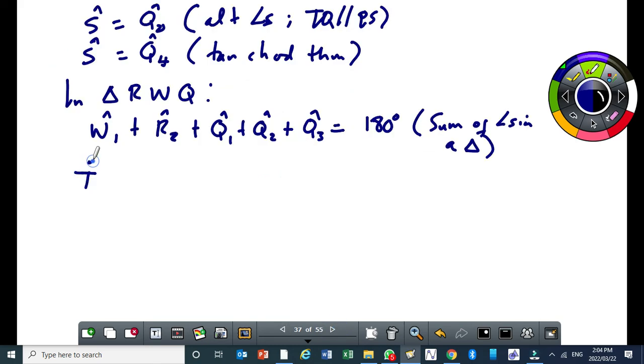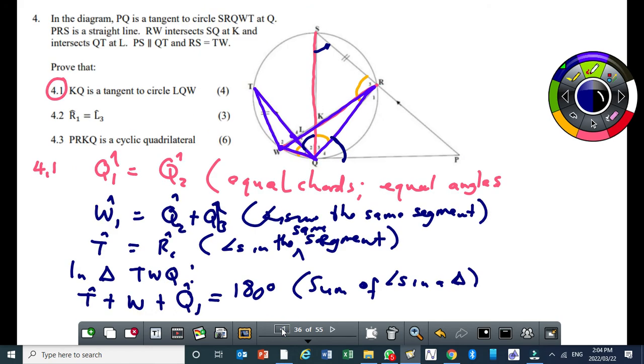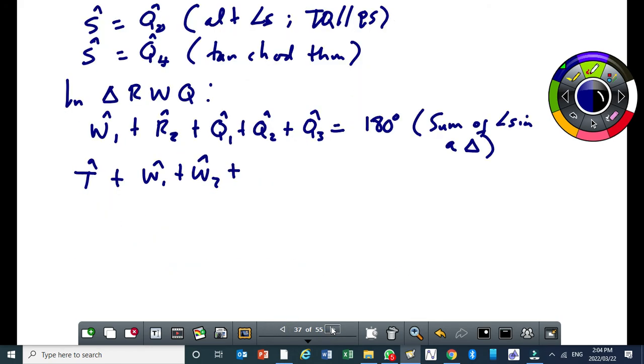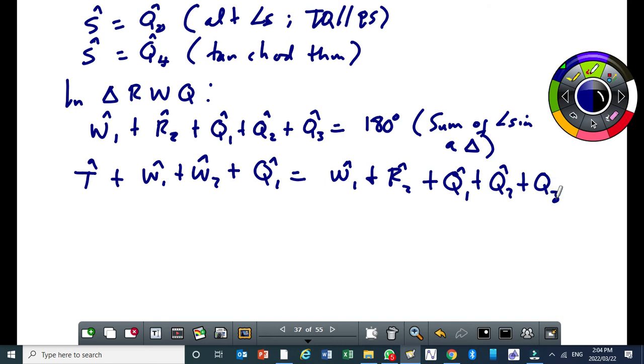So I can write T plus W1 plus W2 plus Q1 is equal to, you see this equation, W1 plus R2 plus Q1 plus Q2 plus Q3. Are you following what I'm doing here?